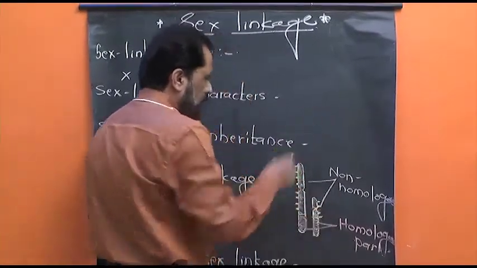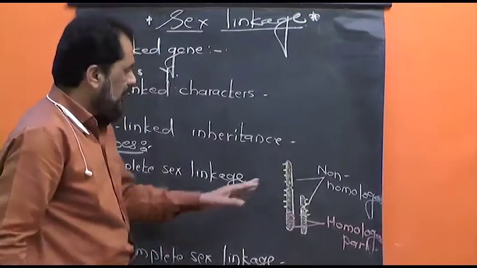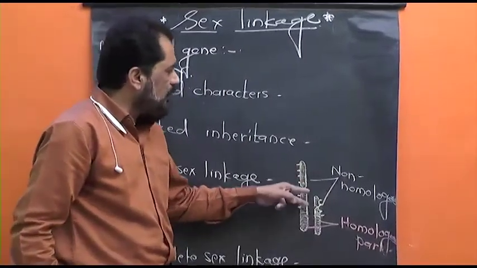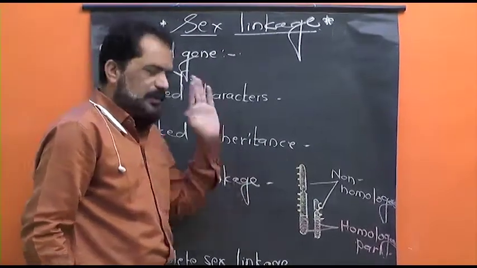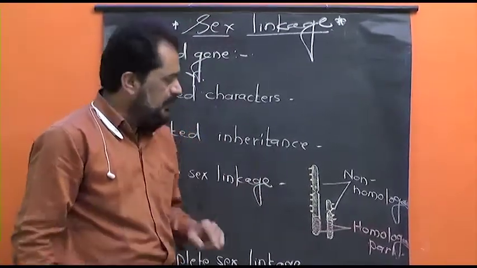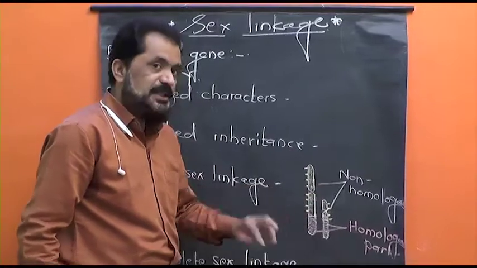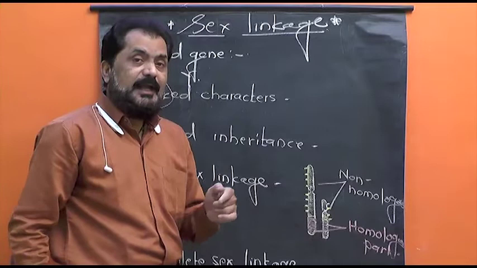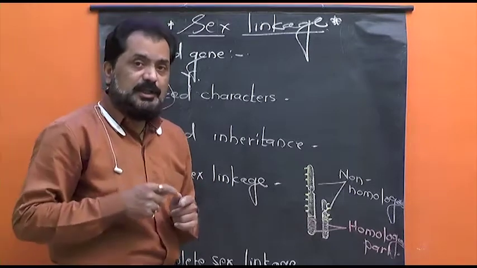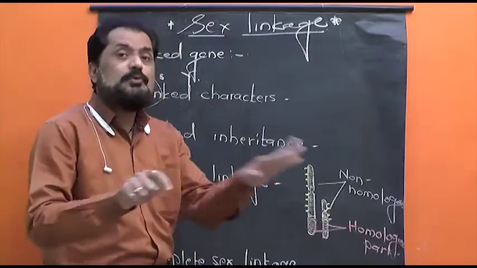जे जीन्स X आणि Y क्रोमोझोमच्या या नॉन होमोलॉगस पार्टवर असतात ते कंप्लीट सेक्स लिंकेज दाखवतात. म्हणजे काय? It means these genes present on the non-homologous part remain together and are inherited together generation to generation without separation.